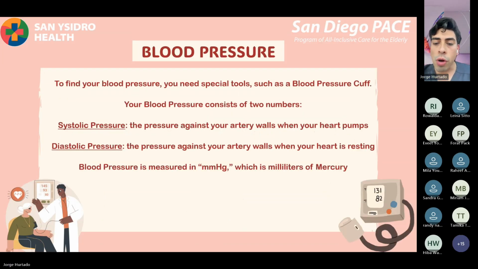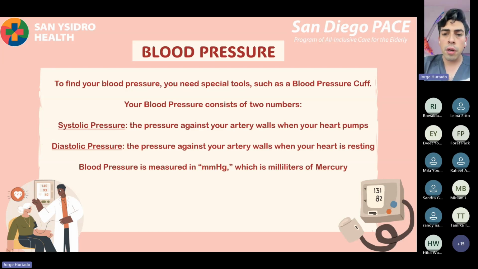Now, to know what our blood pressure is, we need a manometer, a special device that divides the blood pressure into two numbers. We're always wondering, okay, one's bigger than the other, the one on top and the one on the bottom. One is called systolic blood pressure, the other is called diastolic.